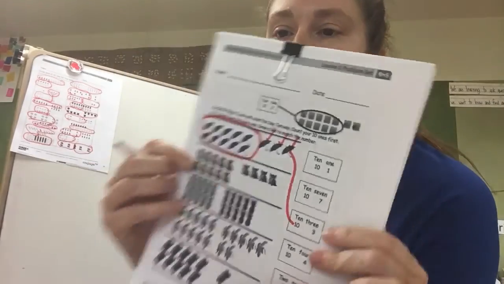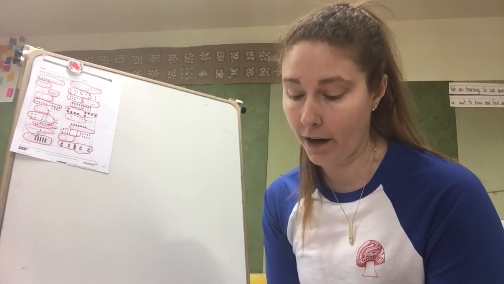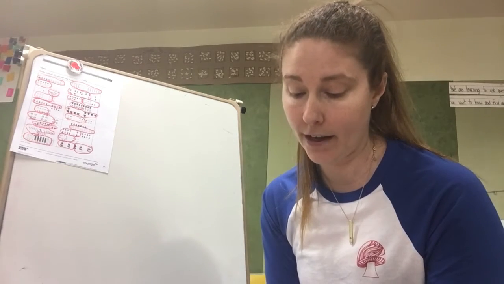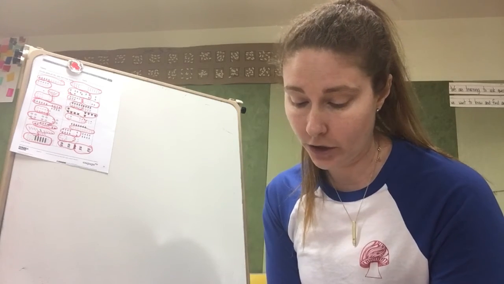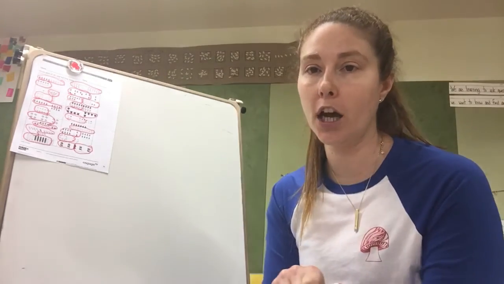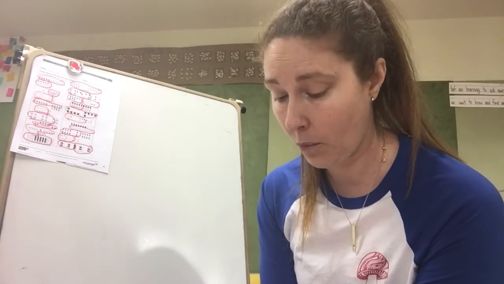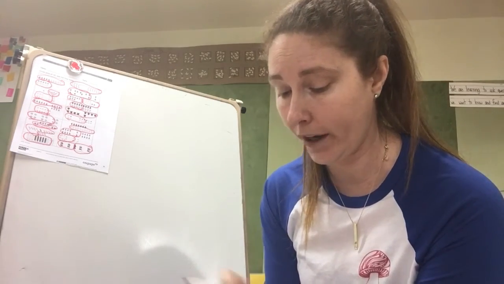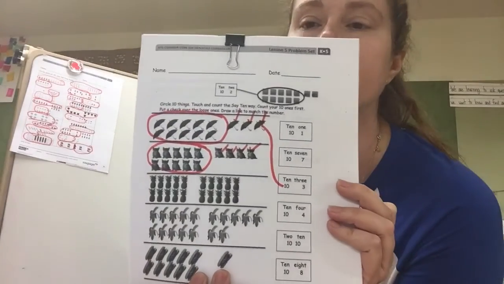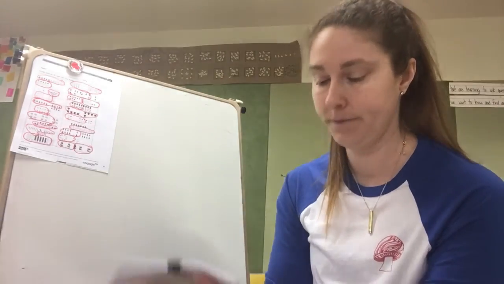Okay, and then do the same thing with the kittens. 1, 2, 3, 4, 5, 6, 7, 8, 9, 10. So I circled 10 kittens. Now I need to put a check on the loose ones, the ones that are not included in the circle of 10. 1, 2, 3, 4. So the kittens equals 10, 4. So I'll draw a line to 10, 4.